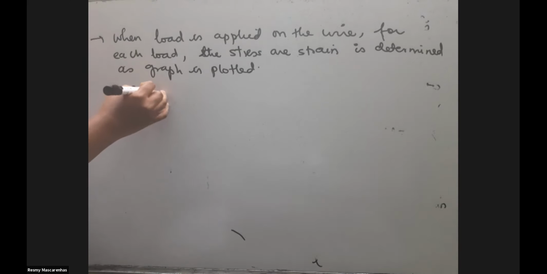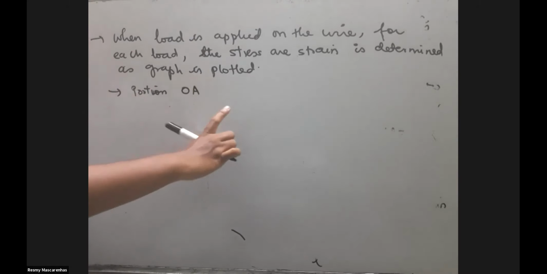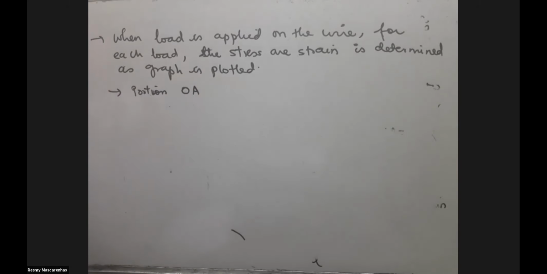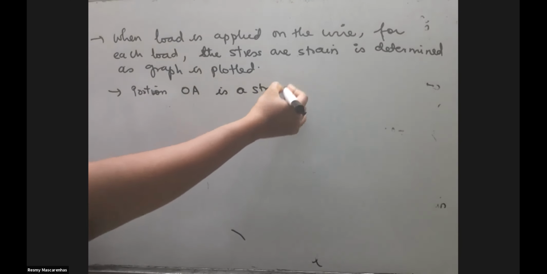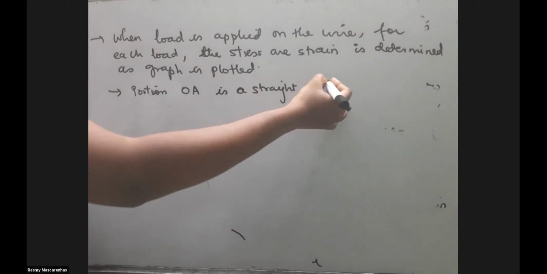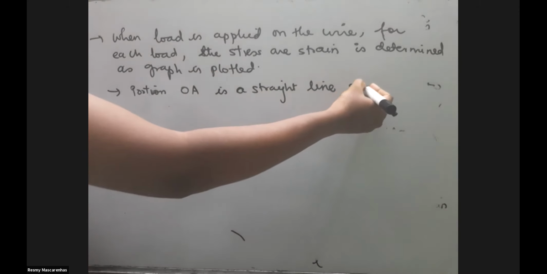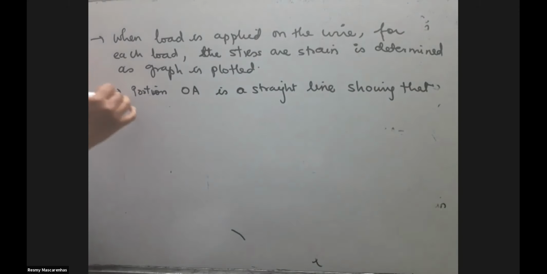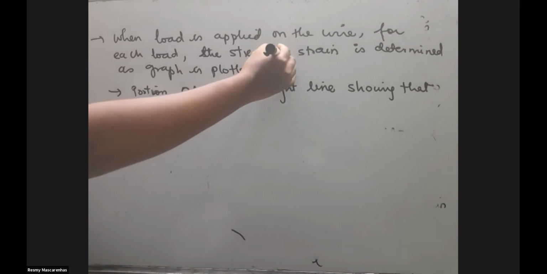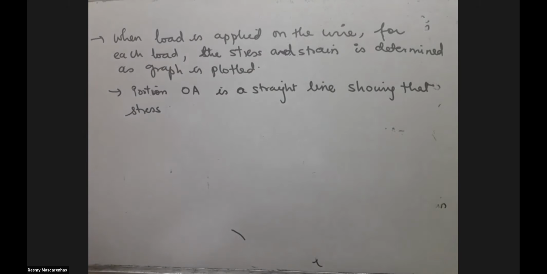Now, portion O to A, that straight line is showing that stress and strain, it is determined as the graph is plotted.